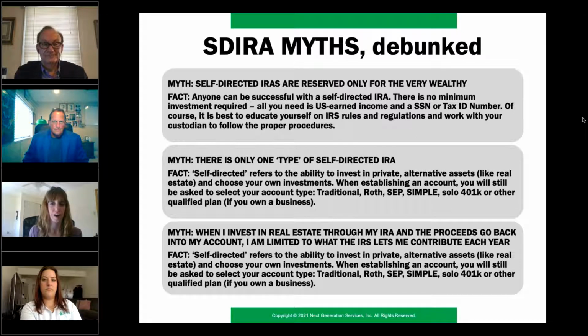And to clarify, when we talk about investment earnings in a self-directed IRA, we're talking about something completely different than what you're contributing out of your own pocket. So with the self-directed IRA, you can make a contribution out of pocket, you can invest the cash in your IRA, and there's no limit to what you can earn.